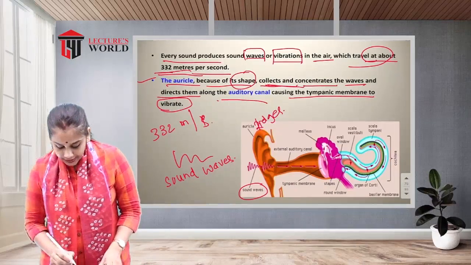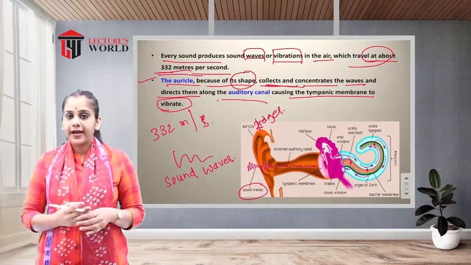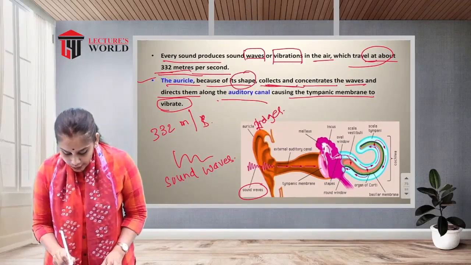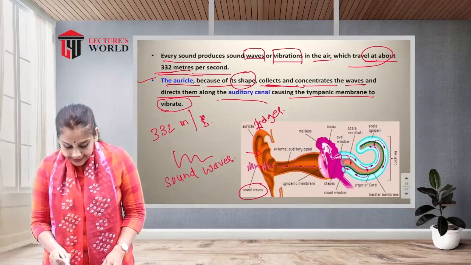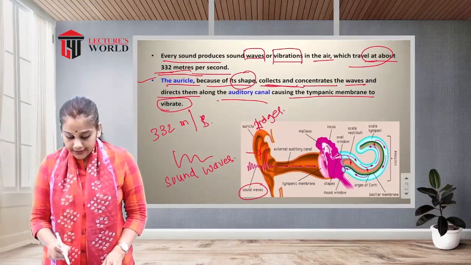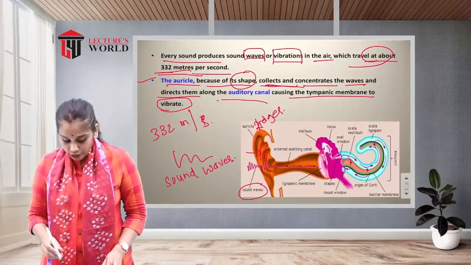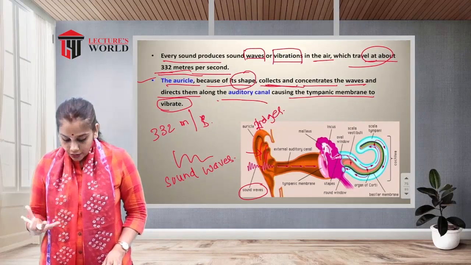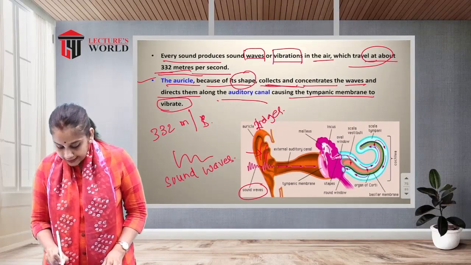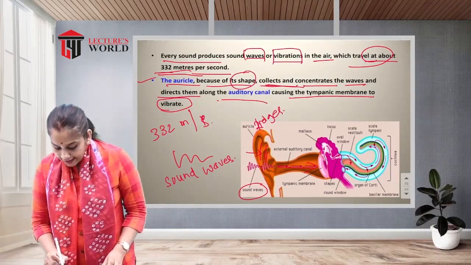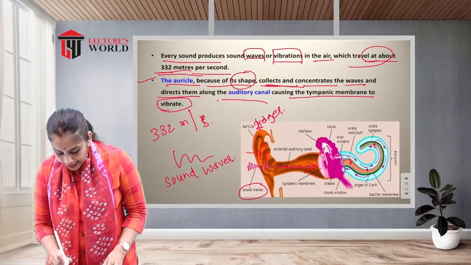You can see the sound waves are generated by the outer environment. They go into the auricle. You can see this is the auricle. Because of this ridge as well as the shape of the auricle, the sound is collected and concentrated, goes inside to the auditory canal, and there it vibrates the tympanic membrane.